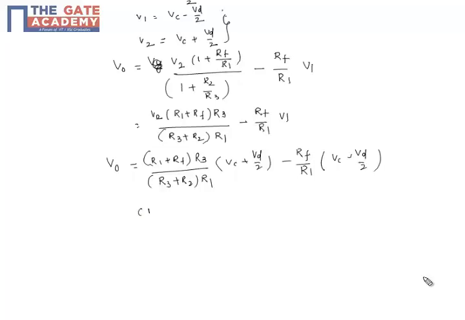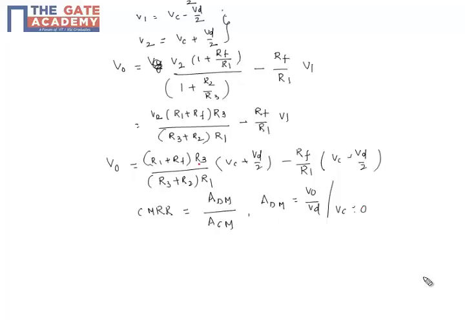Now common mode rejection ratio is nothing but the differential mode gain by the common mode gain. So how to get the differential mode gain? The differential mode gain is nothing but V0 by Vd at Vc equal to 0.